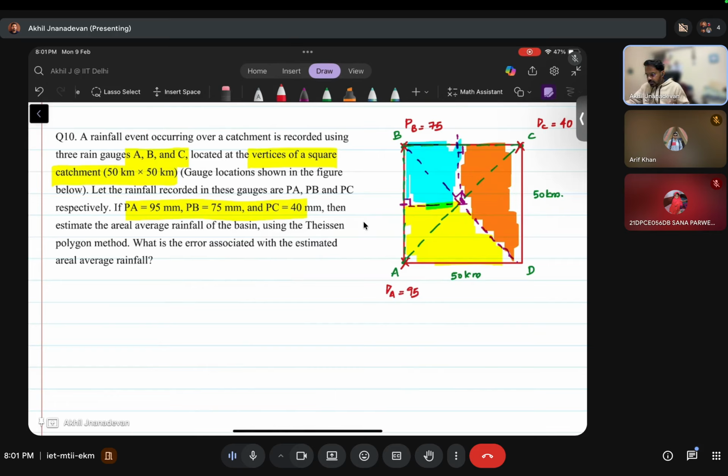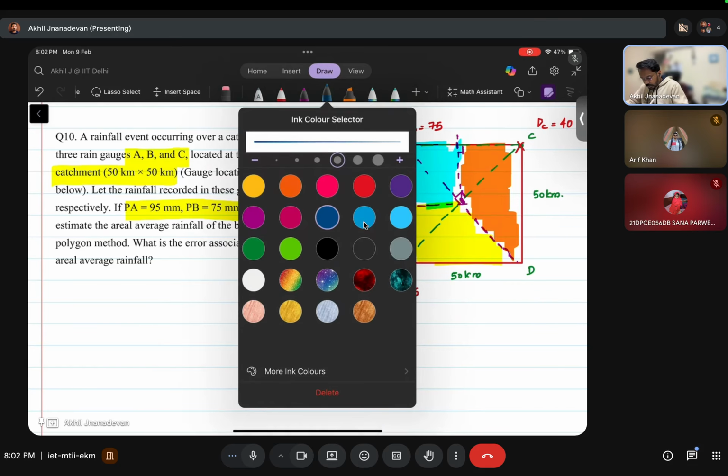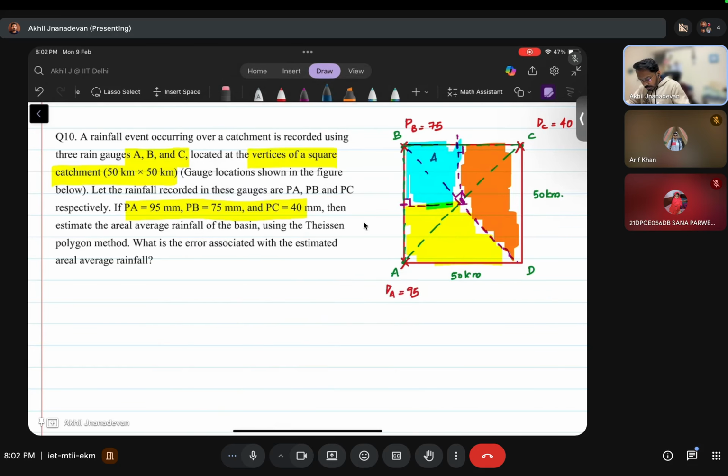Next is just to apply a weighted average technique, right? In this we first have to find three areas. The area for B is simple: 25 into 25, which is 625. The areas for A and C are similar.